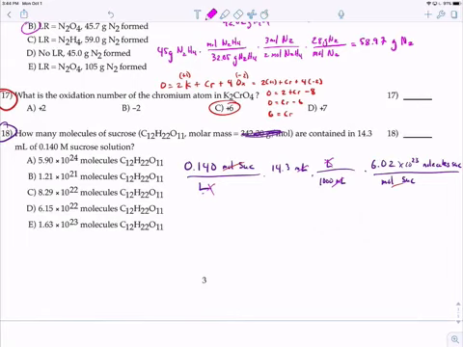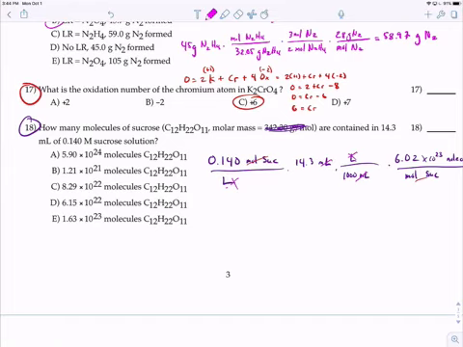So that would be 10, 20, 14 times 24. So that's going to be about 9 times 10 to the 20th. Okay. So it's that one.